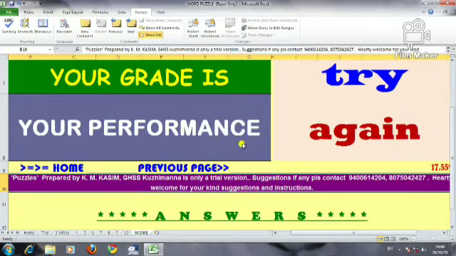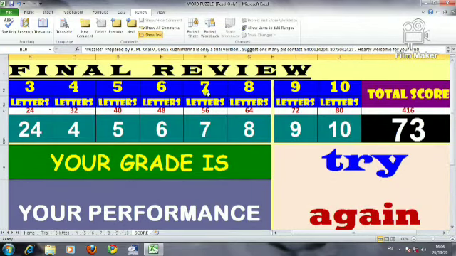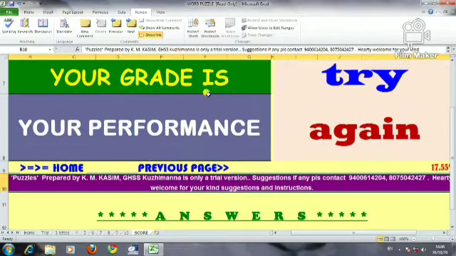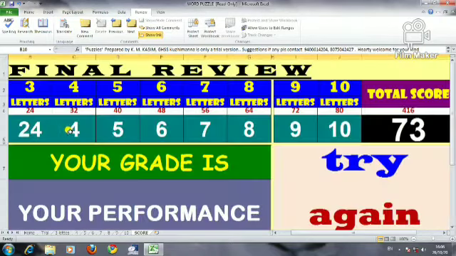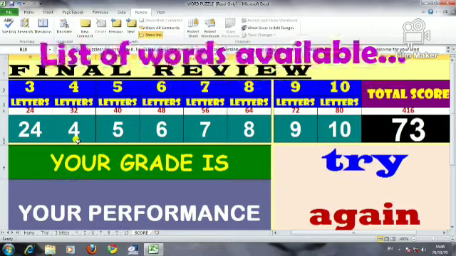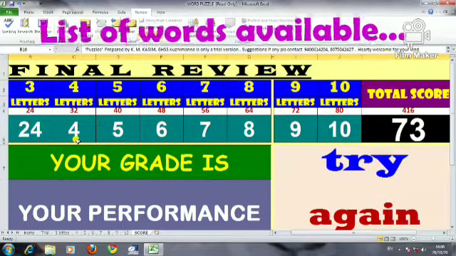Click here. Then we will reach the performance page again, where you can see the answers from activity 1 to last. All the 8 answers will be appearing here. Then that's all about this one. You may go on like this.